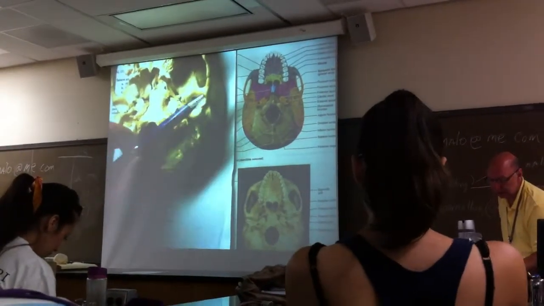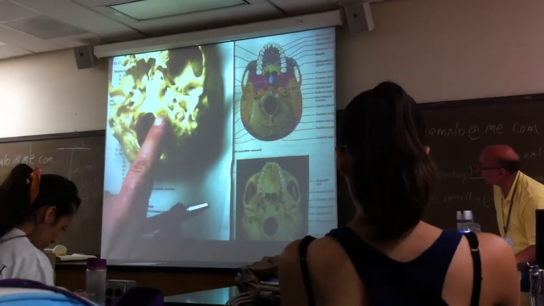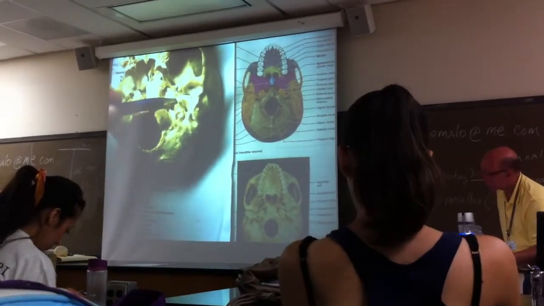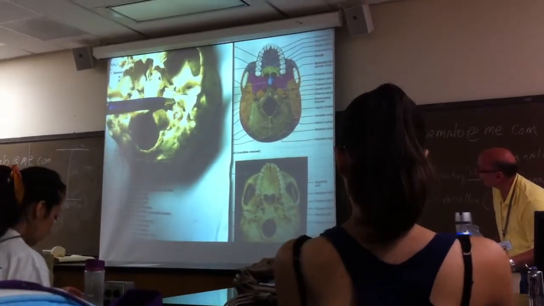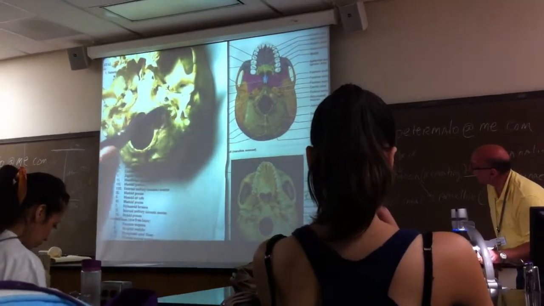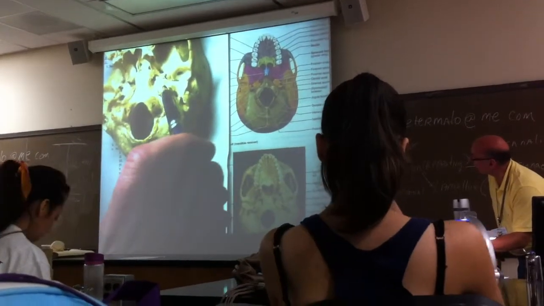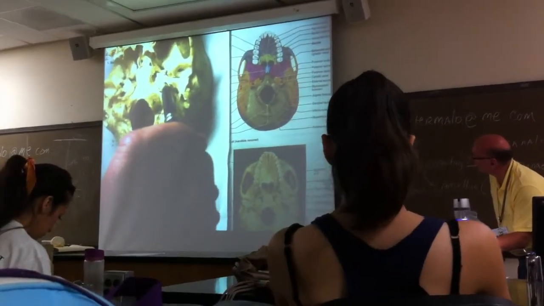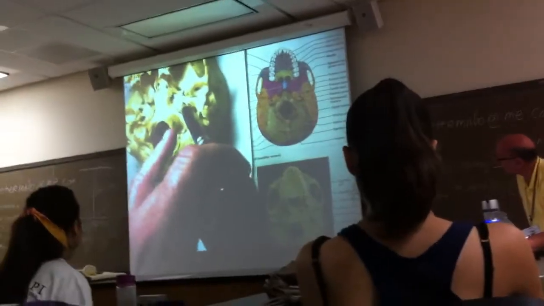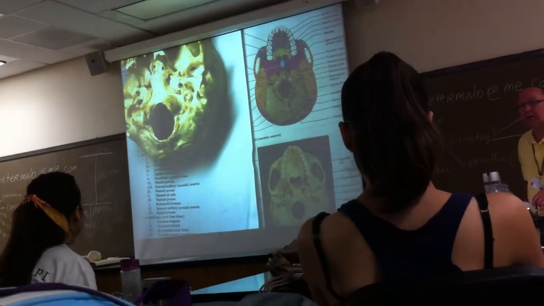Remember, your line's going this way. It started at the foramen magnum, went through the occipital condyle, and went right over the carotid foramen. And there is the mandibular fossa. If I put the pen right here, it's almost right in between the middle of the occipital condyle and that mandibular fossa.